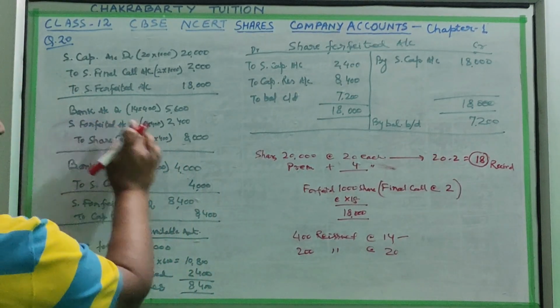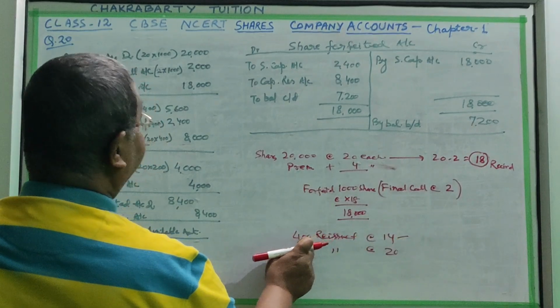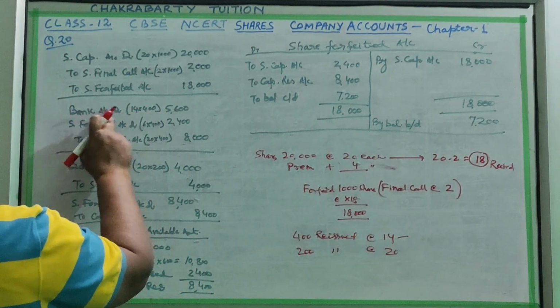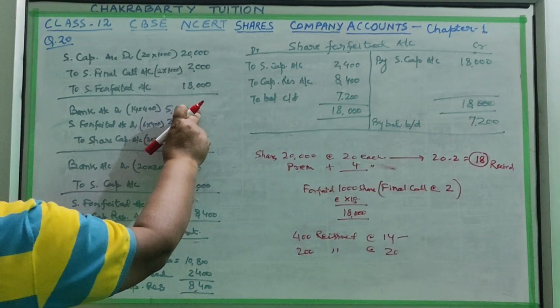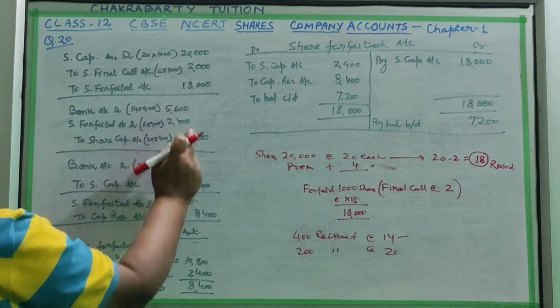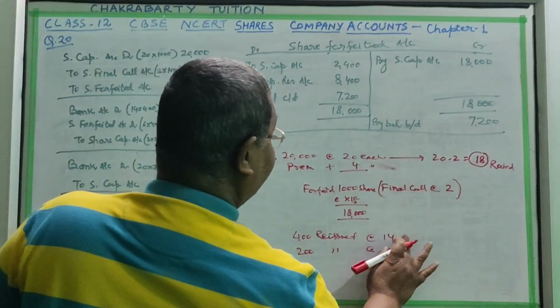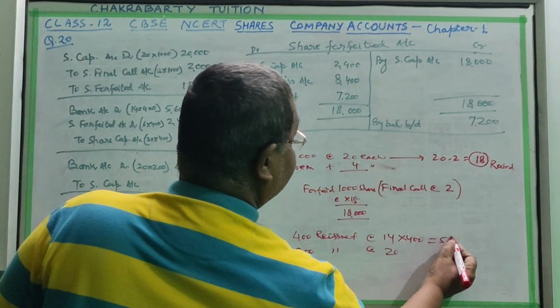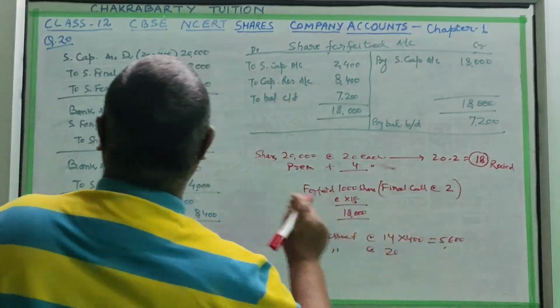But you will receive the amount at the rate of 14 on 400 shares. So bank account will be debited by this much amount you will receive: 14 into 400, so it is 5,600. This amount you have received.